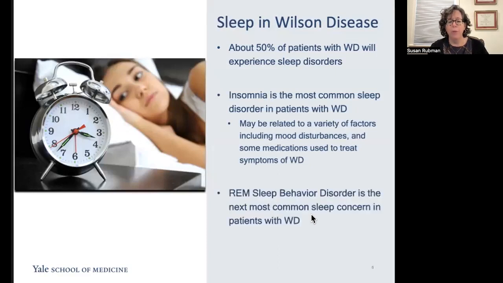REM sleep behavior disorder, as we just discussed, is the next most common sleep concern in patients with Wilson disease. REM behavior disorder in general is related to metabolic abnormalities that affect brain chemistry, particularly associated with the chemistry of dream sleep.